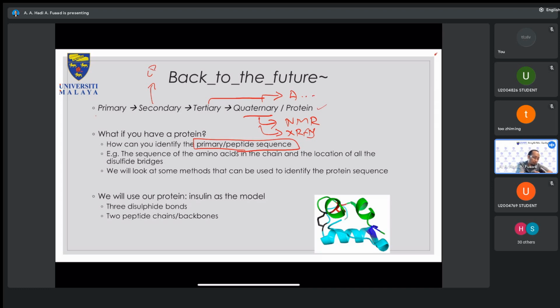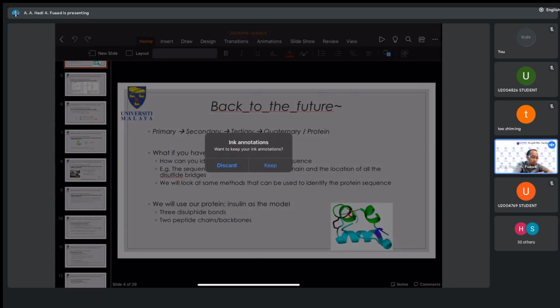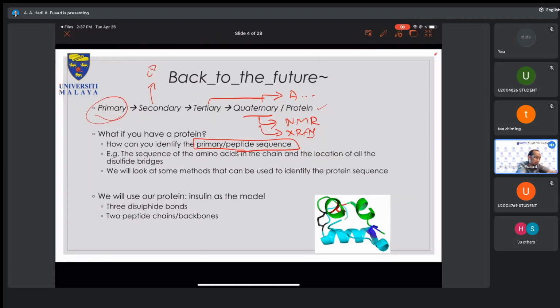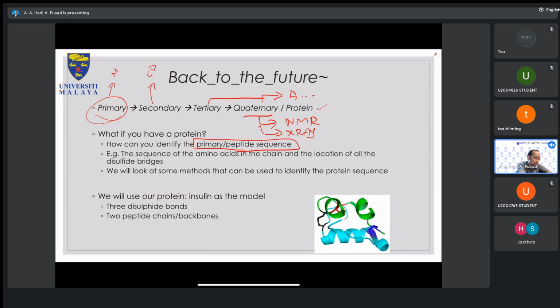However, for primary structure, as I mentioned, if you do have an expensive instrument, then you can use an instrument that has an MS/MS feature, or triple MS, to identify your peptide sequence.